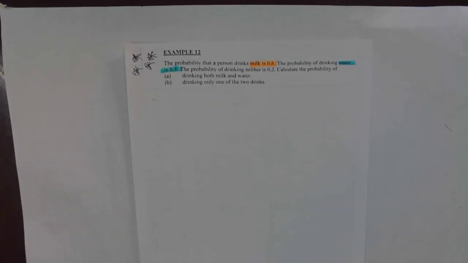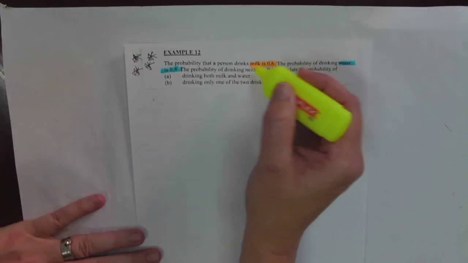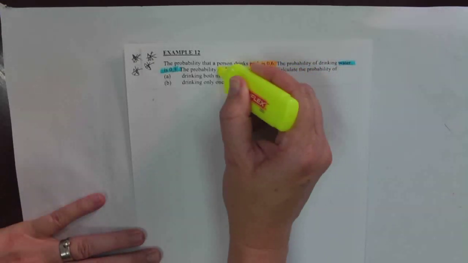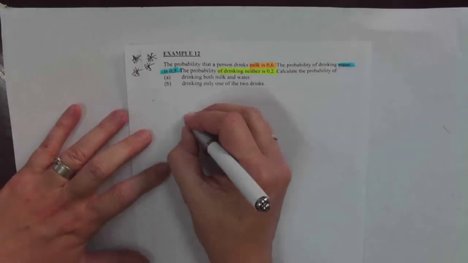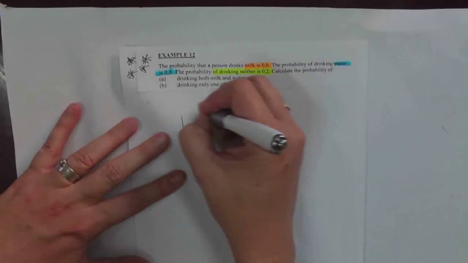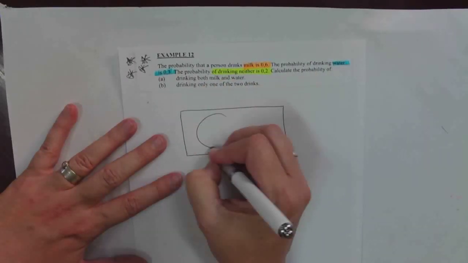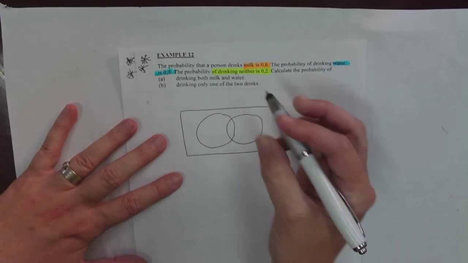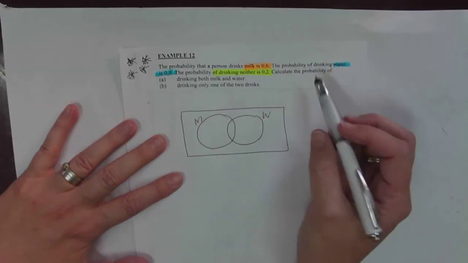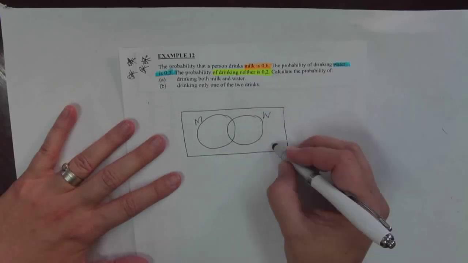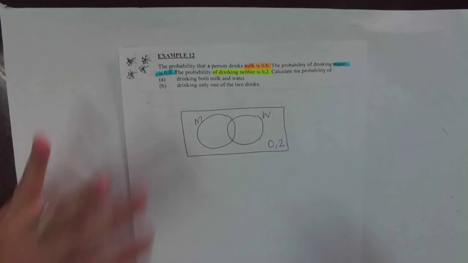Now look at this. They are saying to me that he does not drink milk or water. That is not my intersection, people. That is my loners. That's the people that stand on one side. So I have milk, I have water, and I have people that don't drink milk and water.